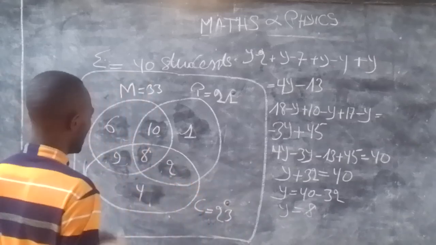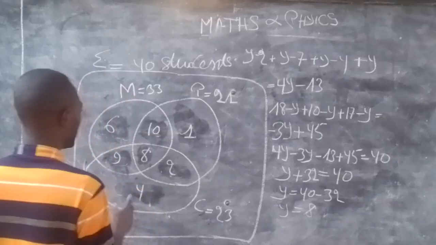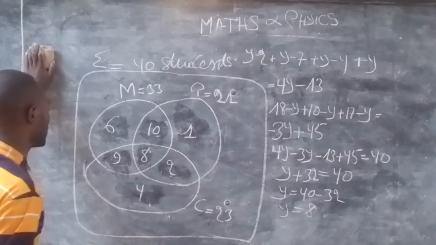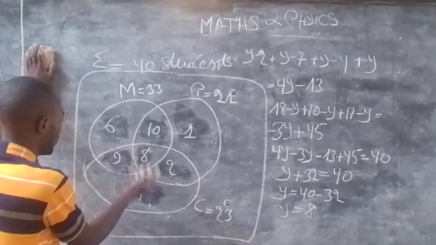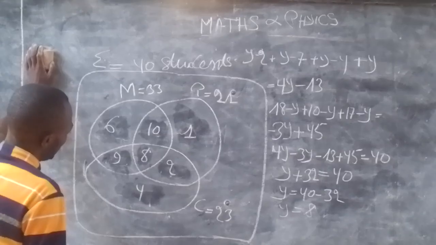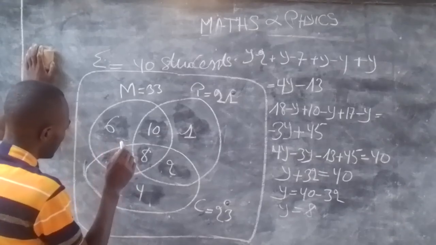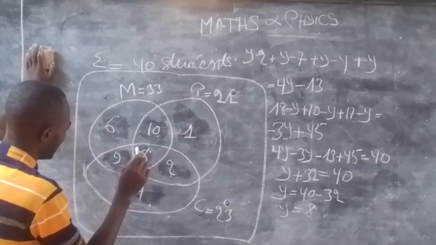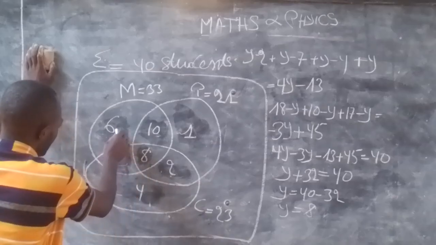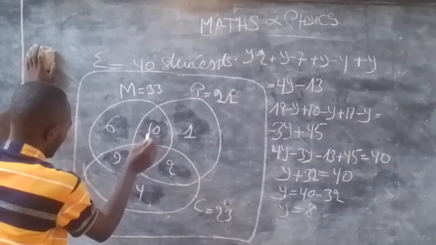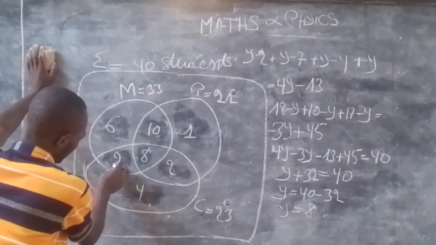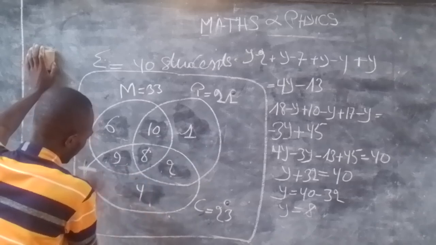So this is how it can be represented by using the Venn diagram. If we wanted to calculate the number who participate in mathematics only, it is 6 only. The number who does not participate in physics: we have 6 positive 9 positive 4.